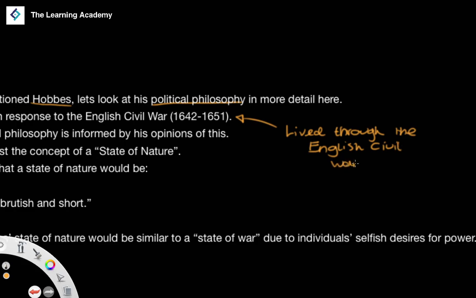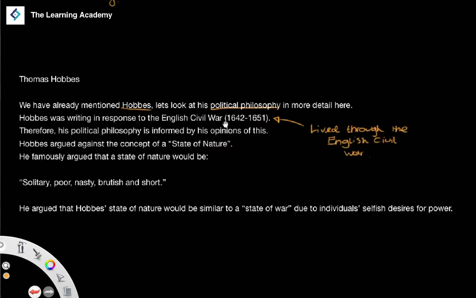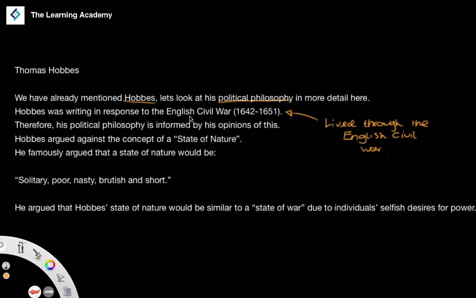And as such, you can obviously imagine that his theories and political concepts are informed by the fact that he lived through a period in English history of particular turmoil and revolutionary change.